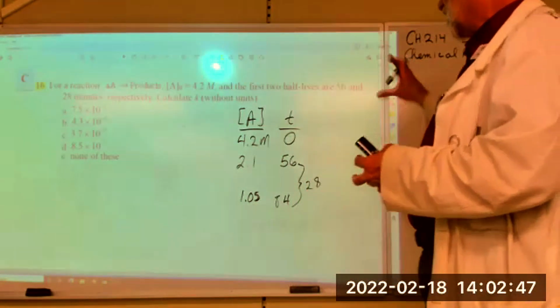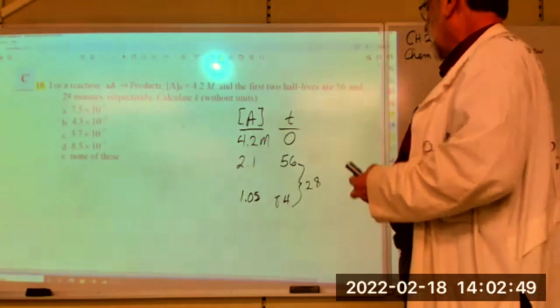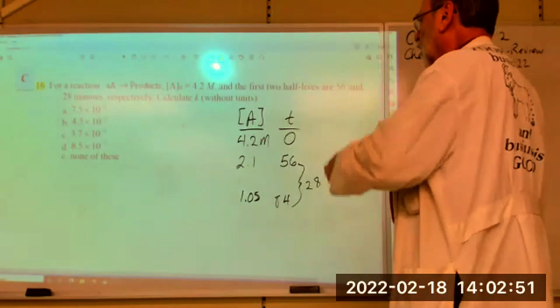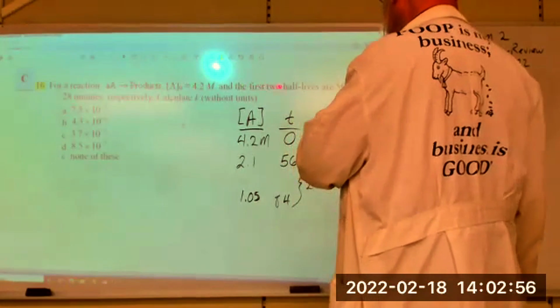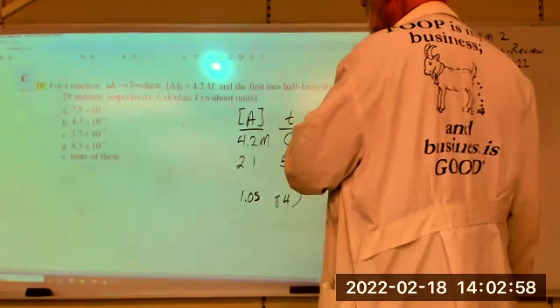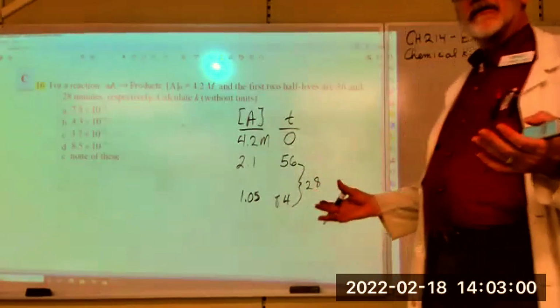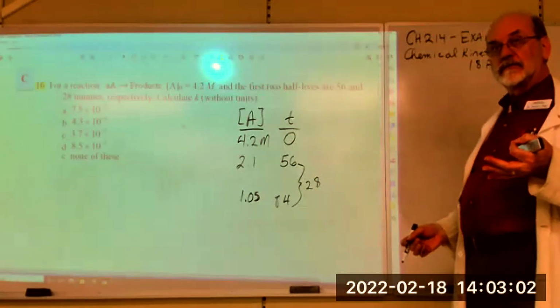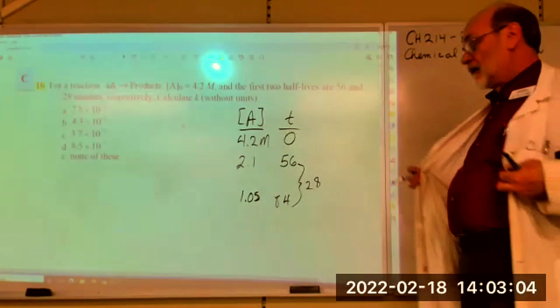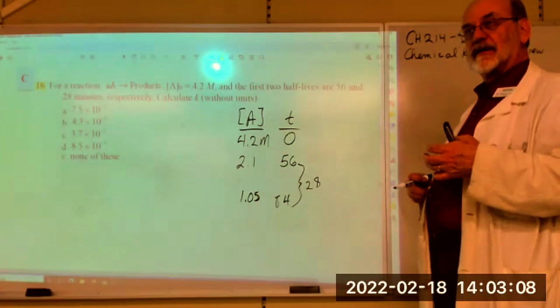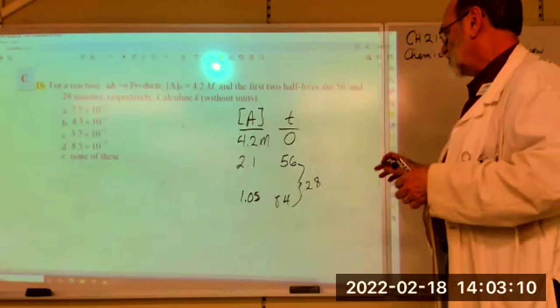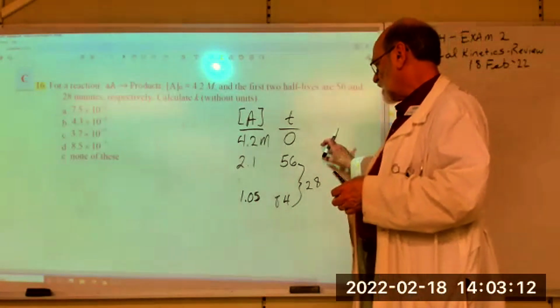Okay, so now that we've got this data up here, what's the K? First two half-lives are 56 and 28. They don't tell us whether it's zero, first, or second order. Since they don't tell us, we've got to eliminate by calculating the K for each one of these steps.